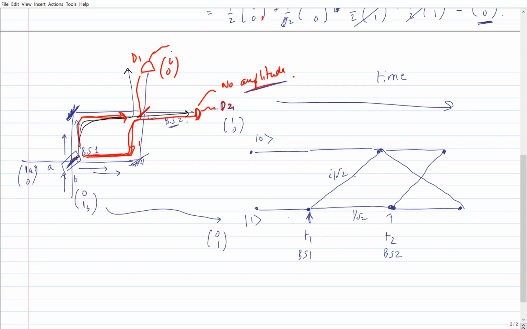And if you look at it, I have essentially all paths. So I have one path, I have a second path, and I have this third path, and I have this fourth path over here.